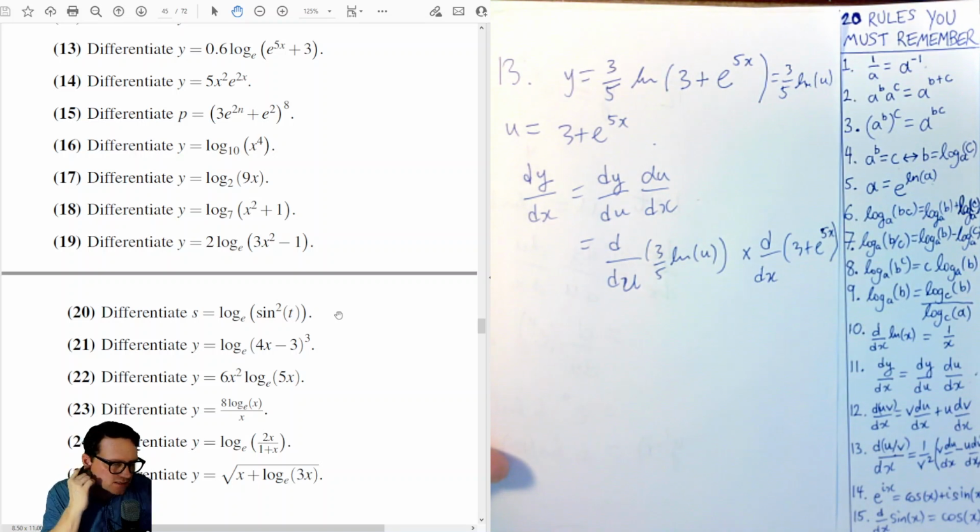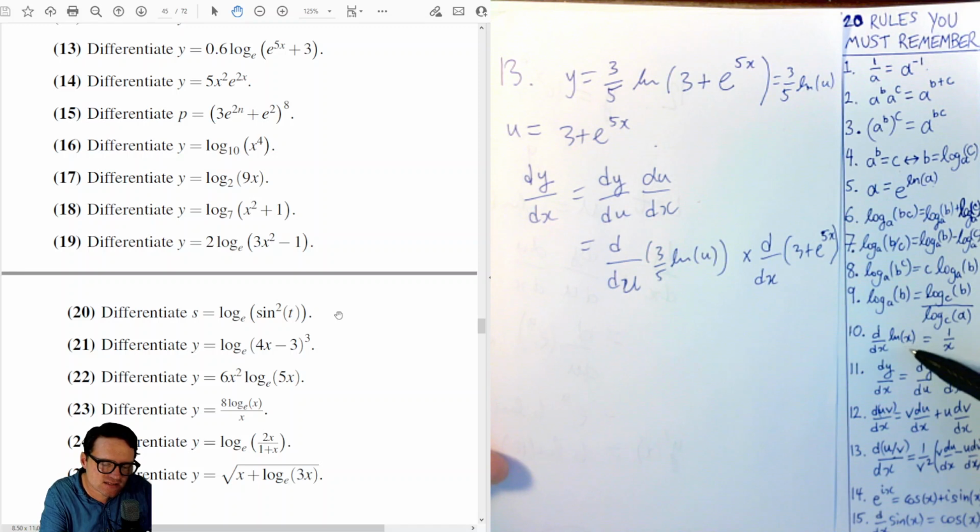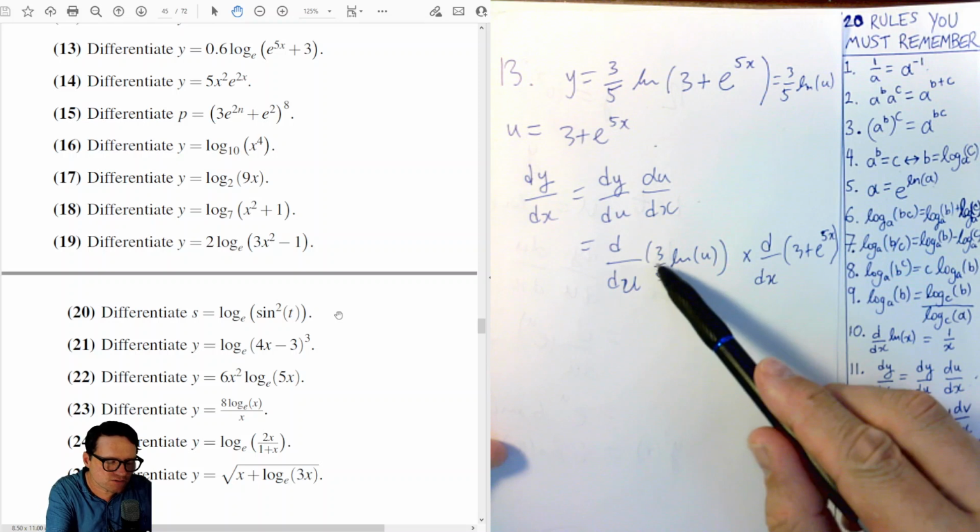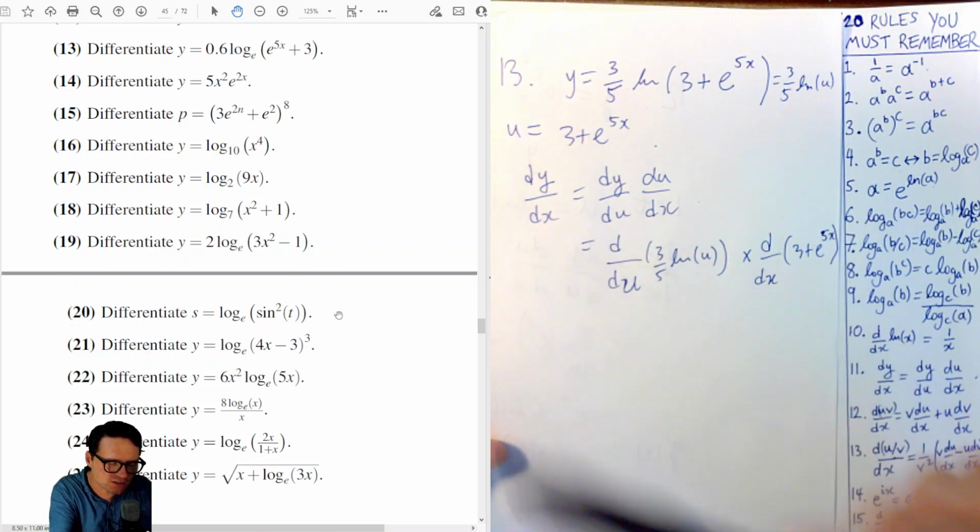Great. So now rule number 10 says that the derivative of a natural log is 1 over that variable, right? See these two letters match? We have 1 over x here. So in this case, the 3/5 goes through the differential operator.